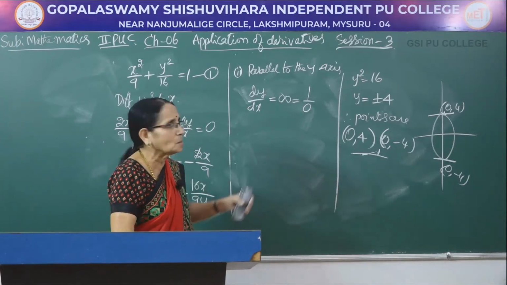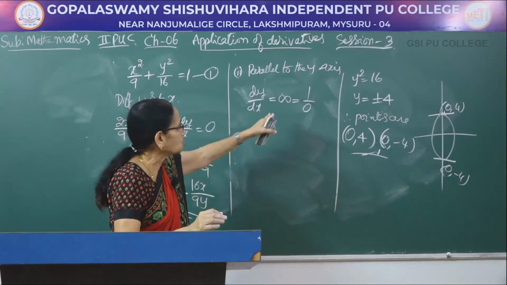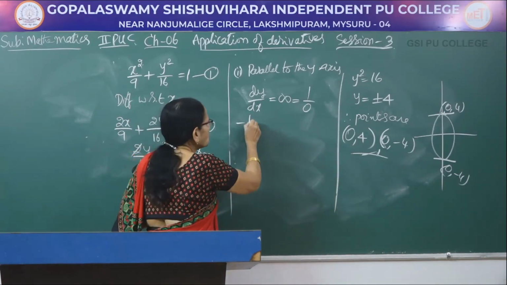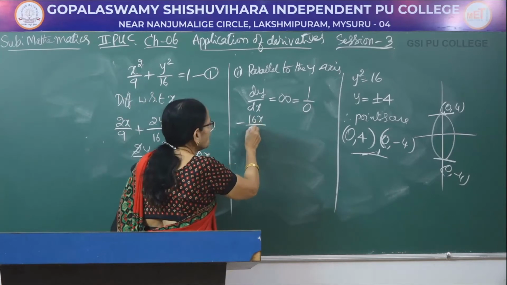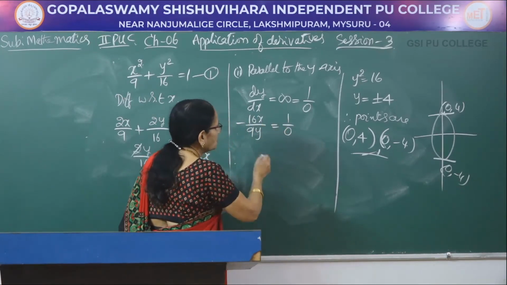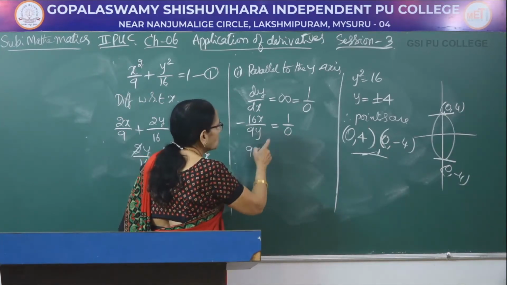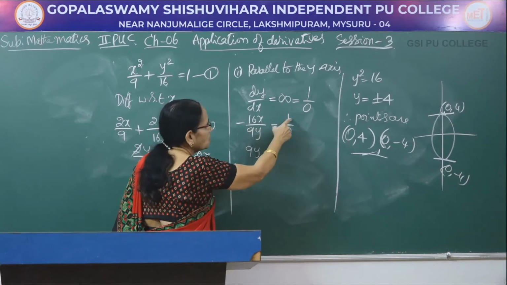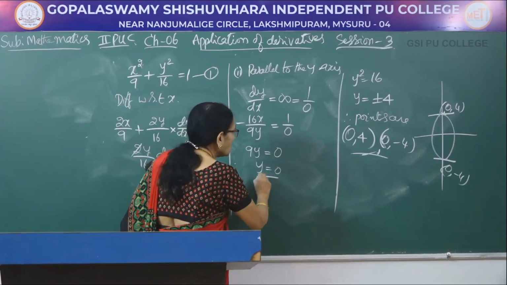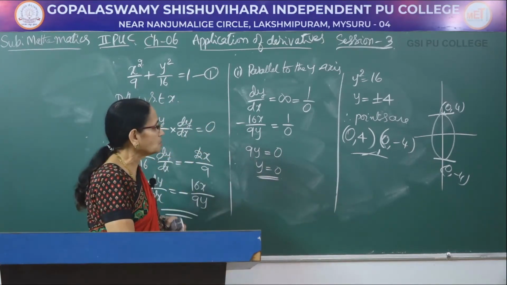When we get 0 in the denominator, we denote it as infinity, which is not a number here, just to show that we are getting 0 in the denominator. So write that: dy by dx, minus 16x by 9y is 1 by 0. On cross multiplication, 9y into 1 equals 0 into anything, so 9y equal to 0, which implies y is equal to 0. So in this case, I am getting y equal to 0.